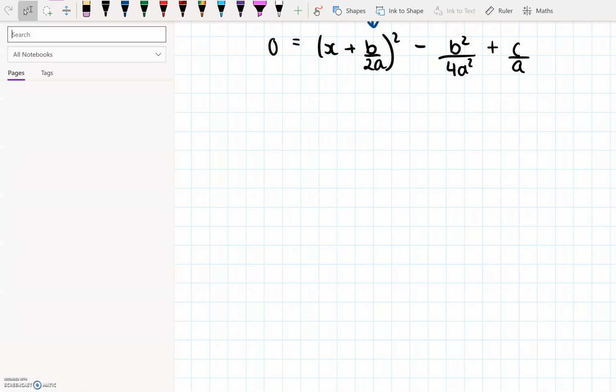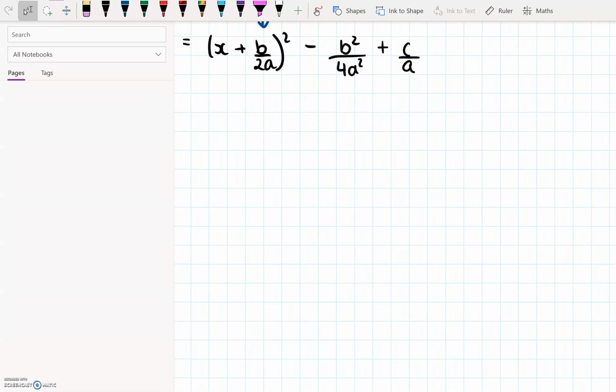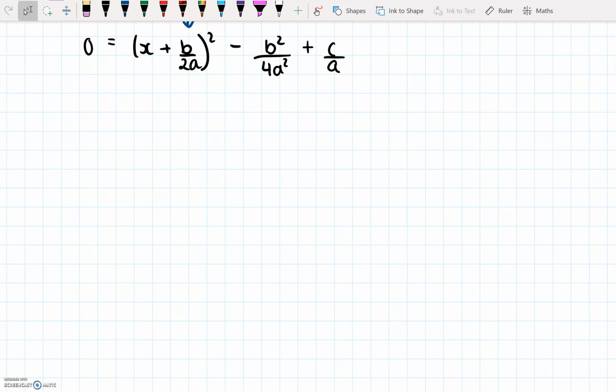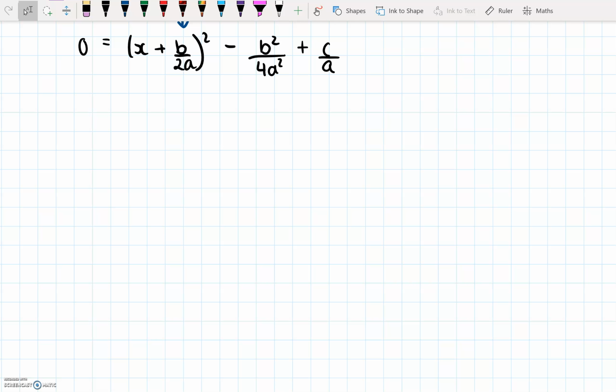Okay, what we're going to end up here with is x plus b over 2a squared is equal to b squared over 4a squared minus c over a.